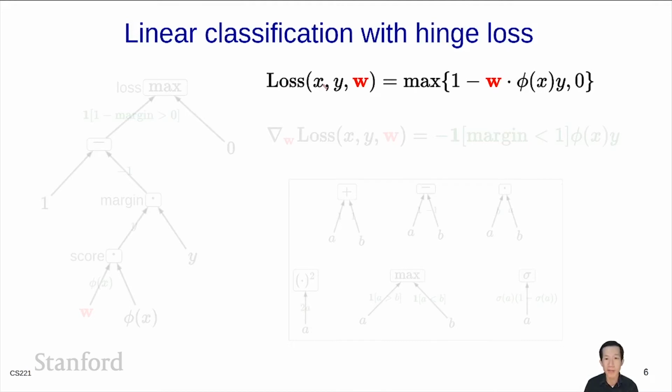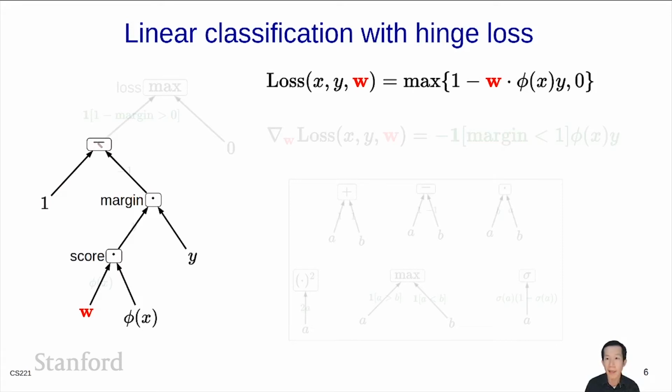Given this loss function, I'm going to construct the computation graph and then compute the gradient of the loss with respect to W. Working bottom up, we have the weight vector and the feature vector, and we take the dot product, that gives us a score. We take the score and y and multiply them together, that gives us the margin. Then 1 minus the margin, and you take the max of that and 0, and you get the loss.